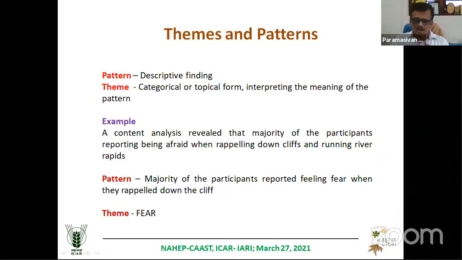When people travel through that bridge and look down, they express fear. So the pattern is that a majority of the participants reported feeling fear when they rappelled down the cliff. The theme is fear. The pattern is the sentence told by the person which has a fear component.